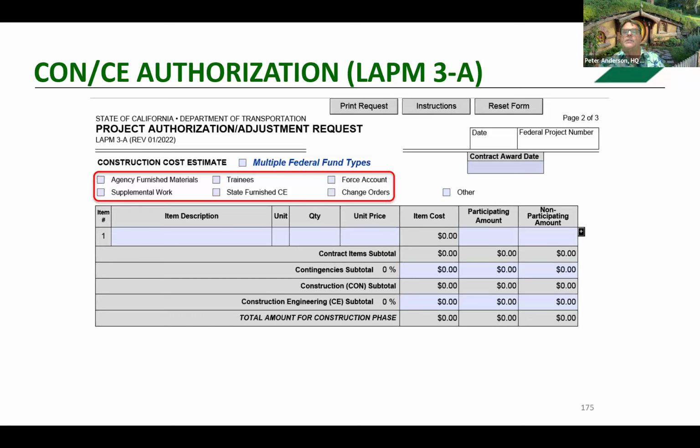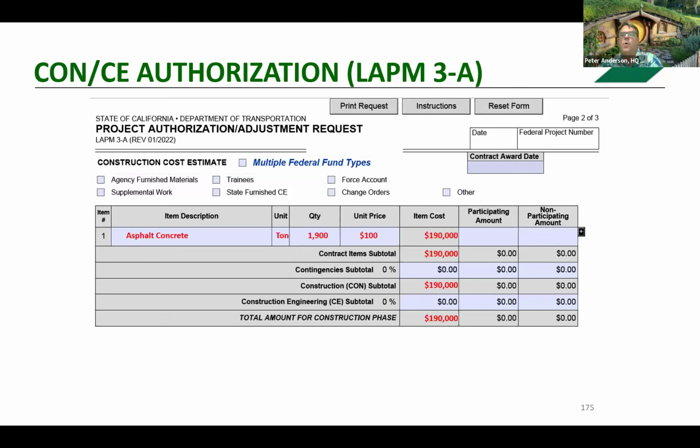Now we'll enter the project's estimate, starting with asphalt concrete. We enter the unit quantity and unit price, and the item cost is automatically calculated, along with subtotals. You then need to determine if this contract item is federally participating or not. In our case, it is participating.